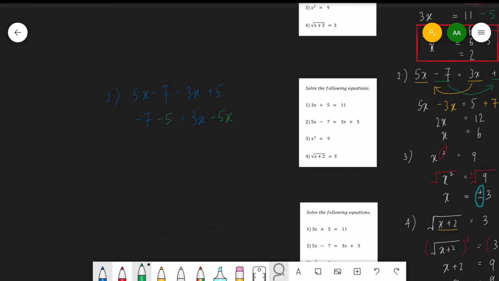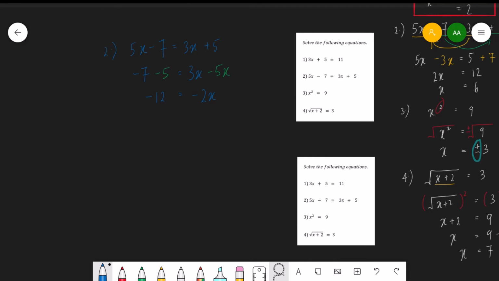What happens now is negative 7 minus 5 is negative 12. This is now equal to negative 2x. Two things can happen here. We can read the equation from left to right: negative 12 equals negative 2x, or we can read from the right hand side: negative 2x equals negative 12. Both are going to be the same.